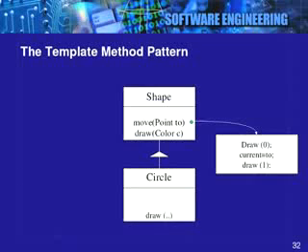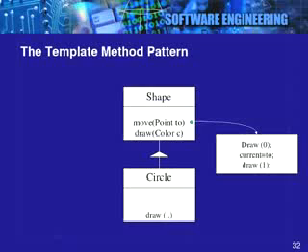Now we will look at one example of a behavioral pattern, which is template method. So this is again a familiar example where you have a class called shape, and you want to implement the move operation on shapes. It can be implemented as: draw the existing shape with color 0, that means blank it out, then change the location and then draw the shape again.